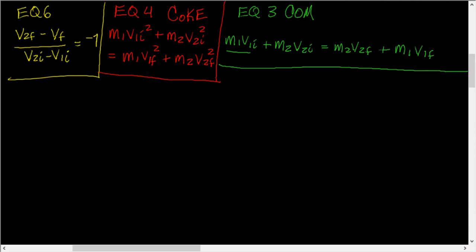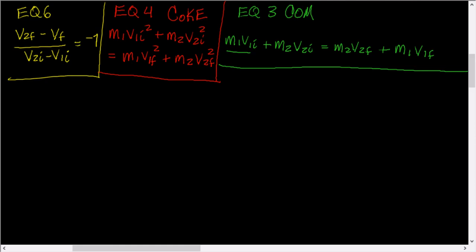So you need to do whatever you need to do in order to cancel out the masses. And the way that you would go about doing that is to arrange both equation 4 and equation 3 with m1 on the left-hand side and m2 on the right-hand side. And then if you divide the two equations into each other, both the m1 and m2 will cancel. So let's go ahead and do that.